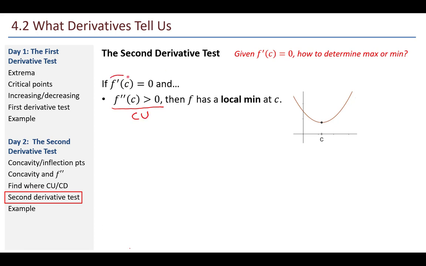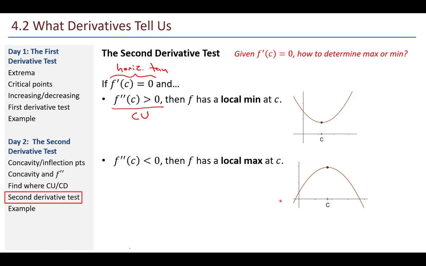The first derivative being 0 means it has a horizontal tangent. Second derivative being positive tells me it's concave up, and so it must be a min. Similarly, if the second derivative is negative, the original function is concave down, and it must have a local max at that critical point. And lastly, if my second derivative is 0, we can draw no conclusion.